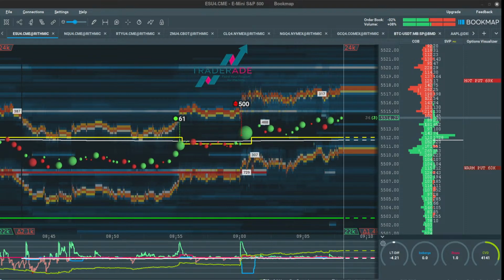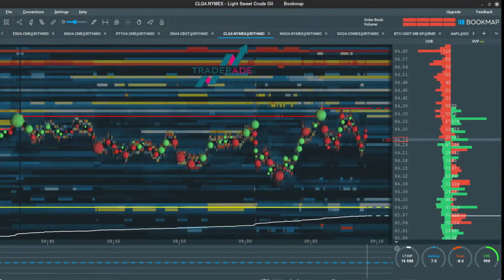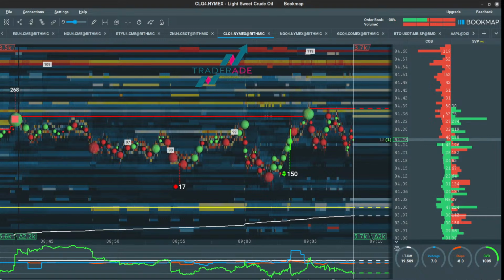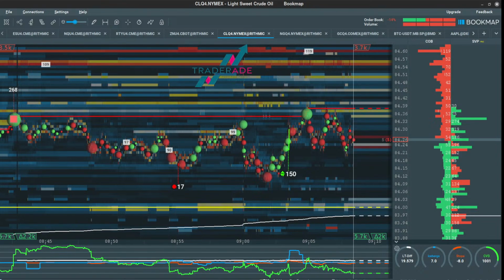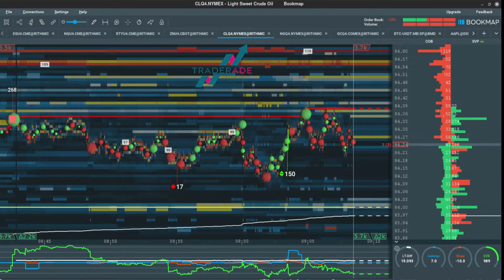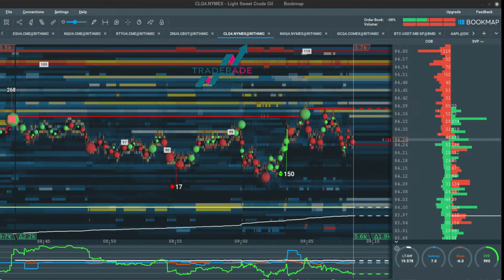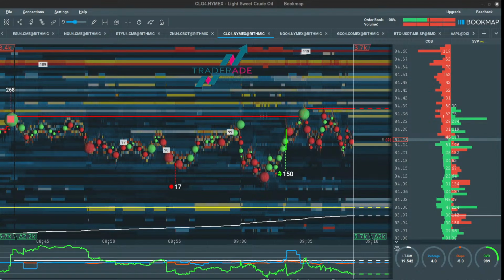Now let's take a quick look over at crude oil here. Crude oil is something that I've had my eye on, really because I felt like the drop we had was a little bit beyond what was warranted. And crude is one of those commodities that is so efficient at knocking people out, whether you're bullish or bearish.